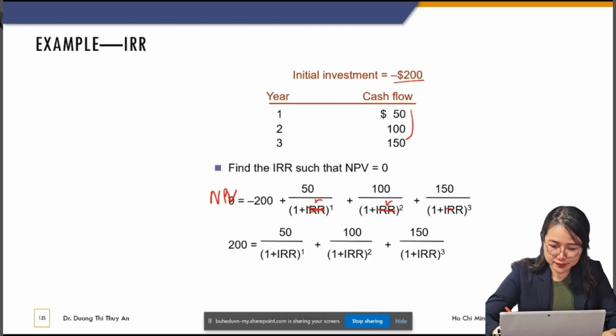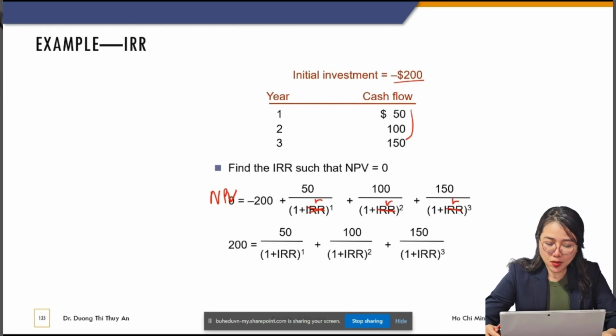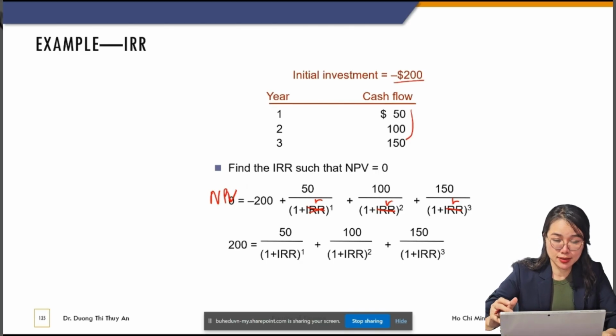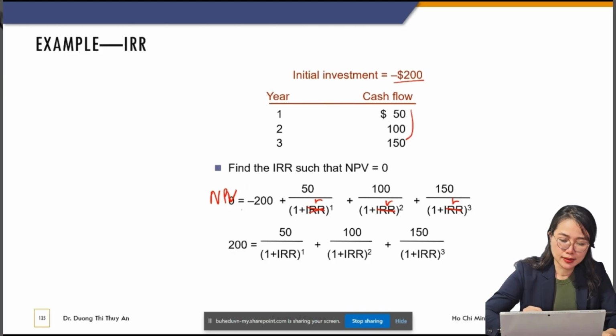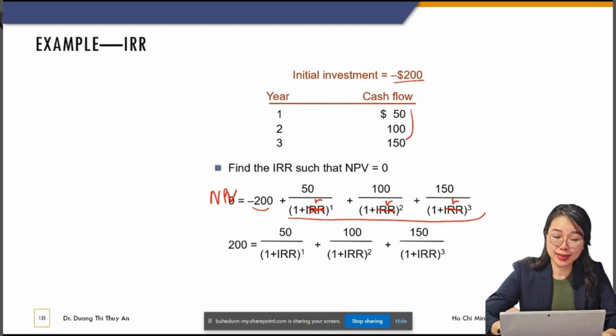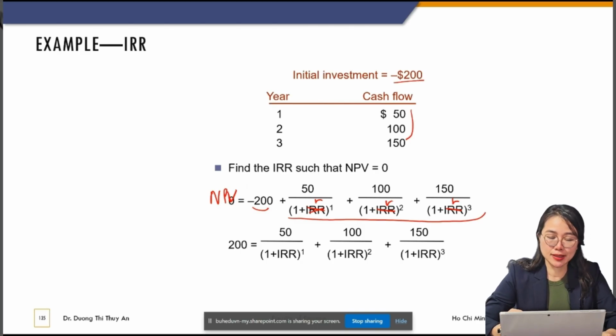And because IRR, by definition, is the rate that makes the initial investment equal to the present value of the cash flow, it means it makes NPV 0.